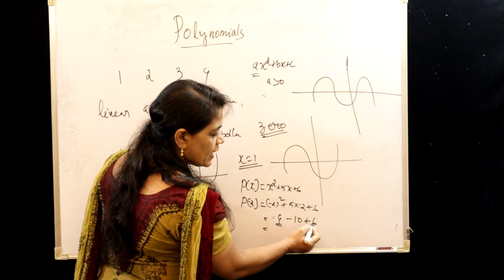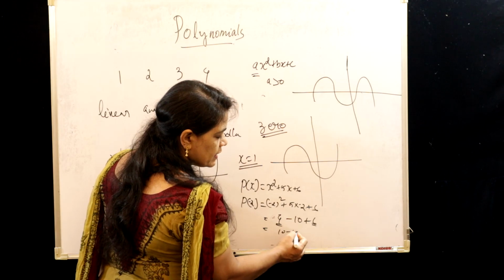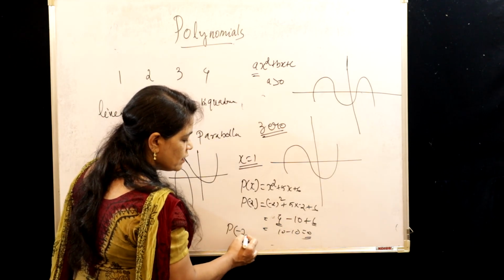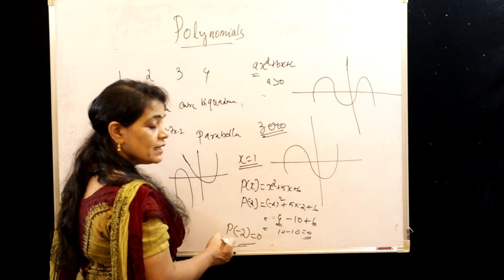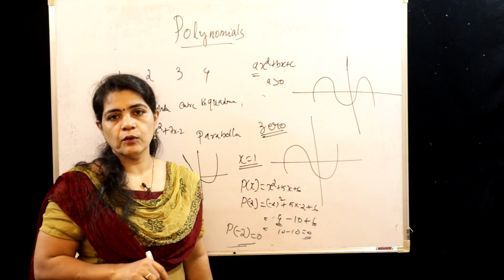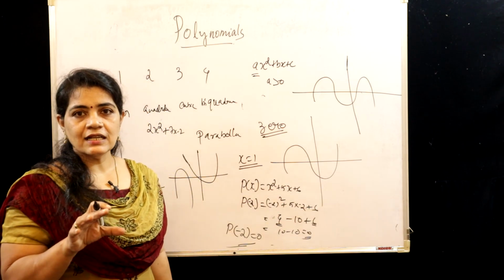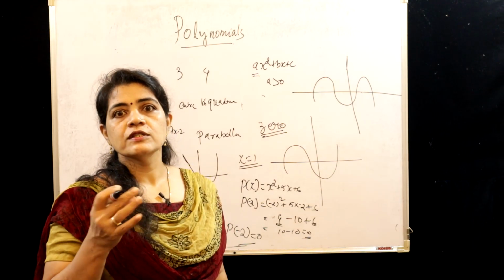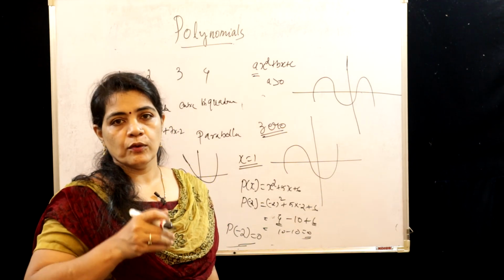That is 4 and 6 is 10, and minus 10 is equal to 0. Here we have seen that p of minus 2 equal to 0. That means minus 2 is a zero of this quadratic polynomial. So the idea is clear, children. The value which makes the given polynomial 0 is what we call the zero of the polynomial.